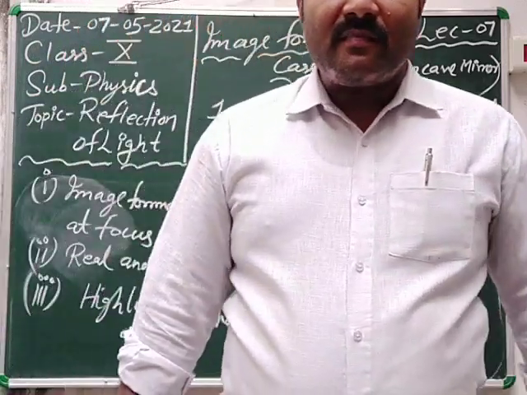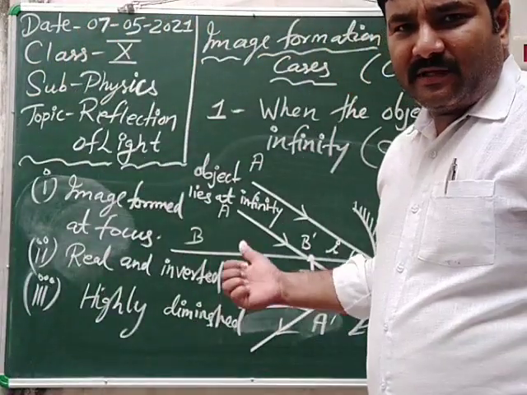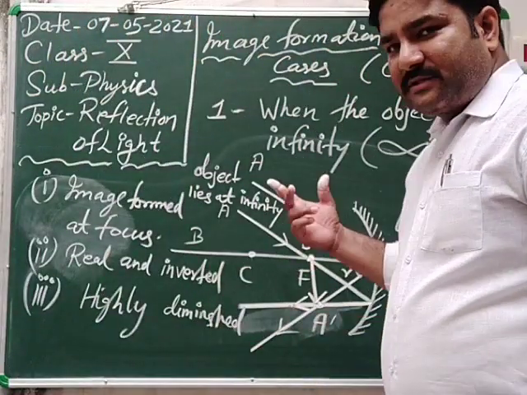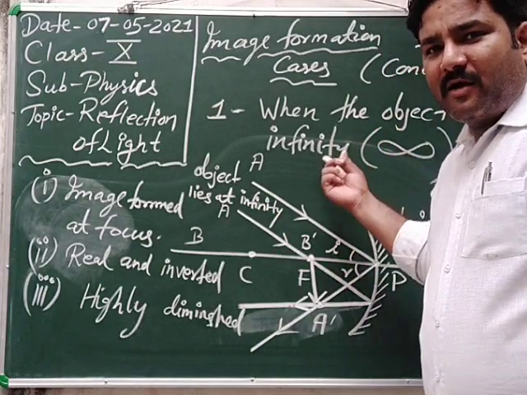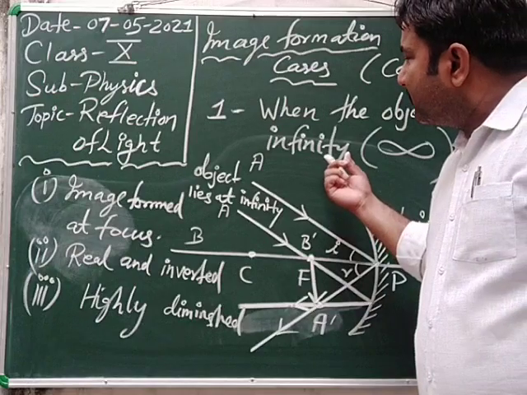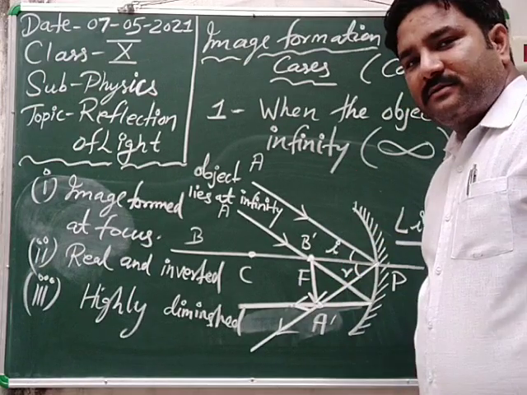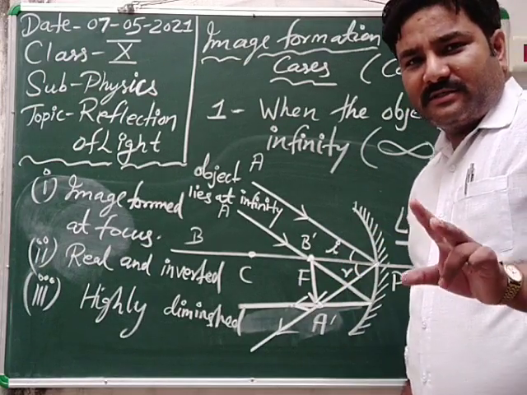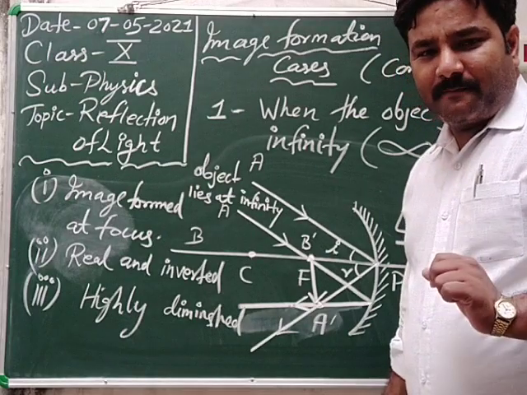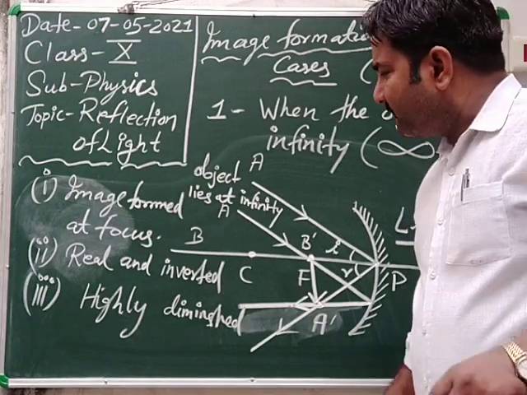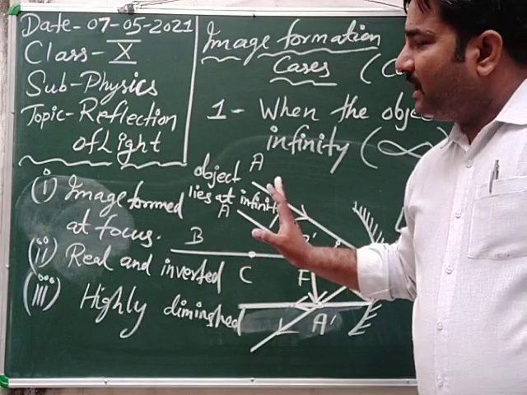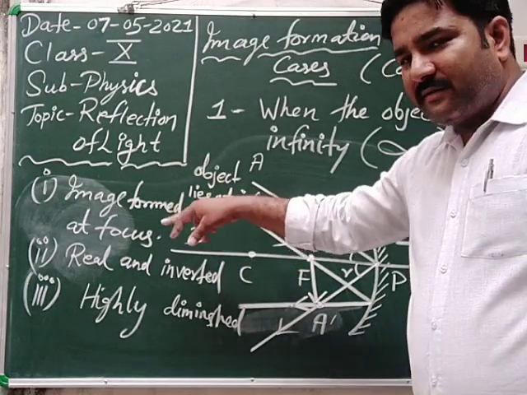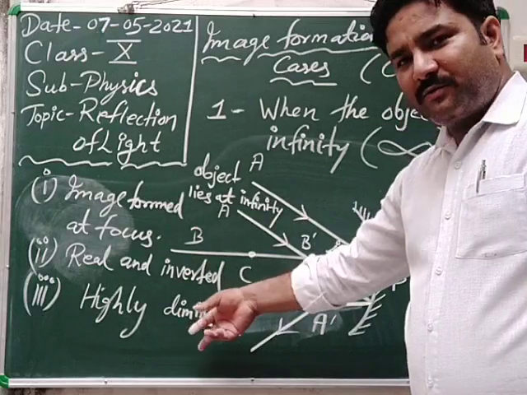So just like the first, the second one is also clear. In the first, the object lies at focus and the image is formed at infinity. In the second, the object lies at infinity and the image is formed at focus. Clear? So these two cases are just complementary to each other. Only the nature of image, that is real and inverted, is the same in both cases, and this one is just opposite of the first, and this one also just opposite of the first.